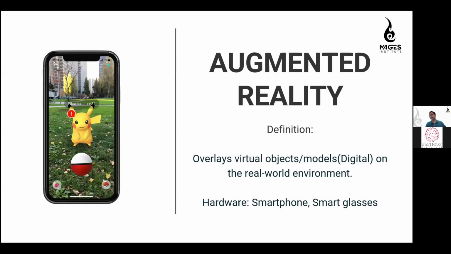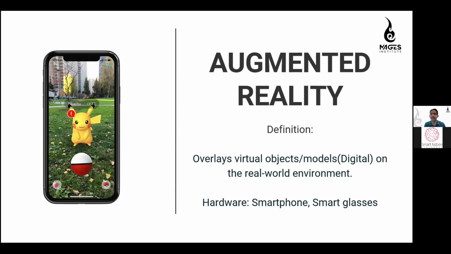Just a quick recap of what we covered, and then we will get into the case studies. The first thing is to define AR. In case you are very new to this field, AR is nothing but overlaying information, or augmenting information, into the real world.